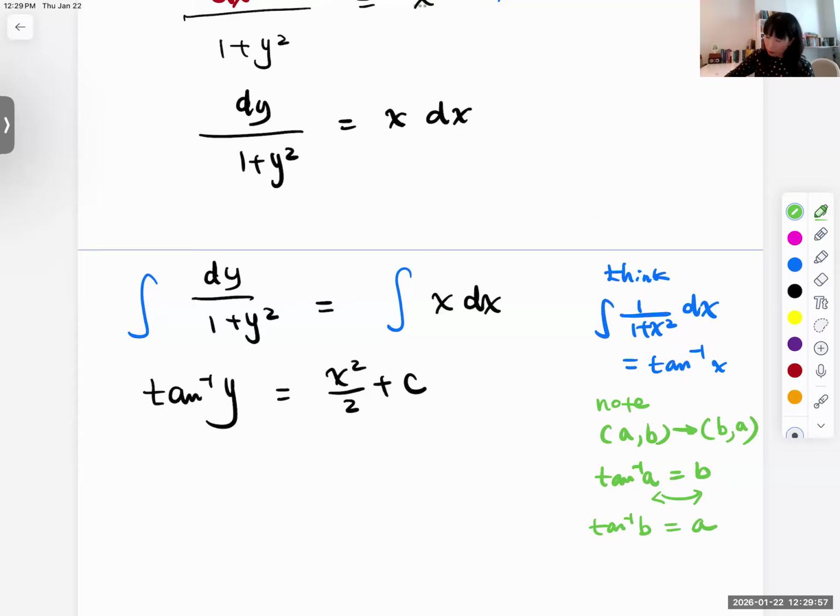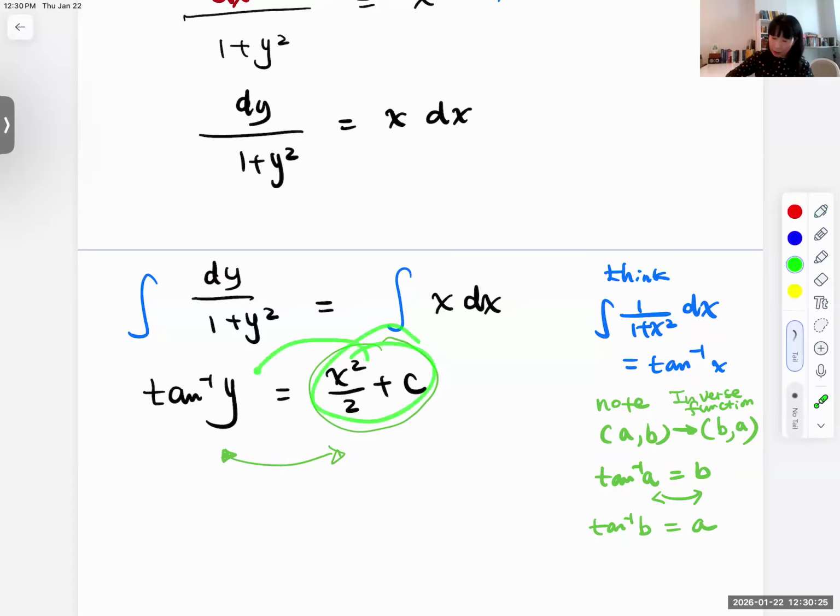Okay, let me write down the inverse function. In that case, we can switch this over with this, so this will be inside, and this will be outside.